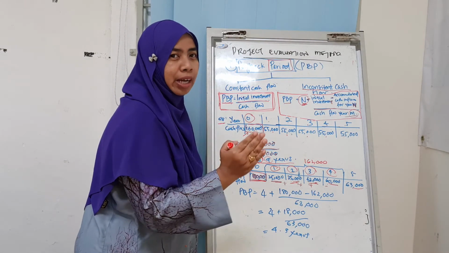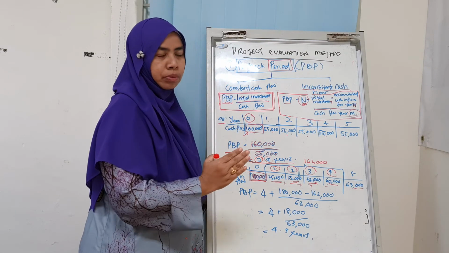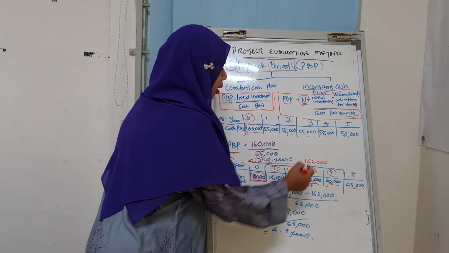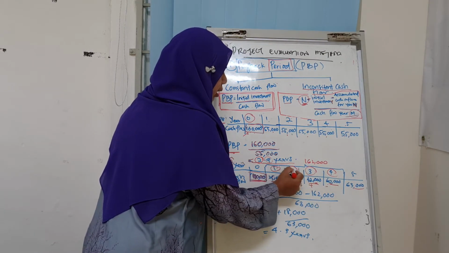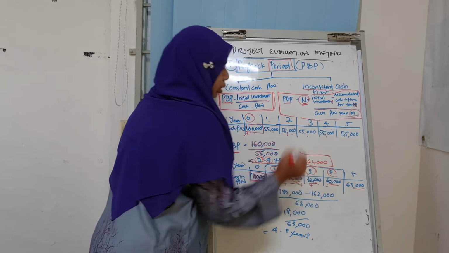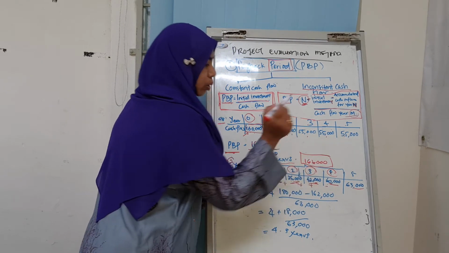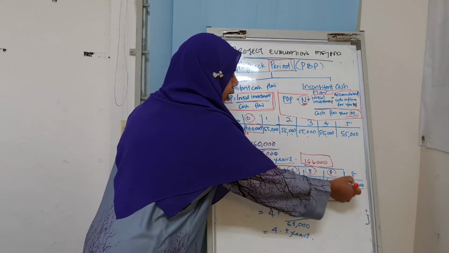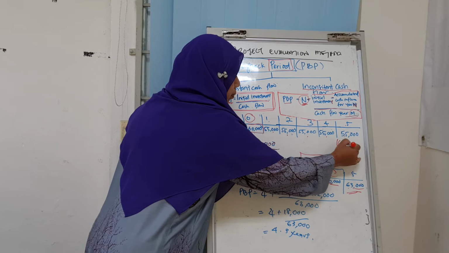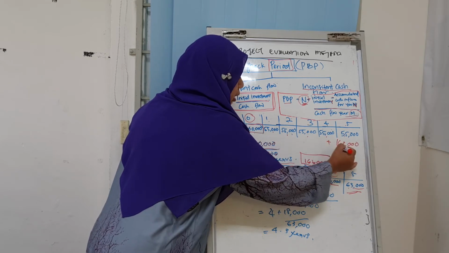If more than 180,000, you have to stop. Okay, let's see, if you add the first year, second year, third year, fourth year, you will get 162,000.